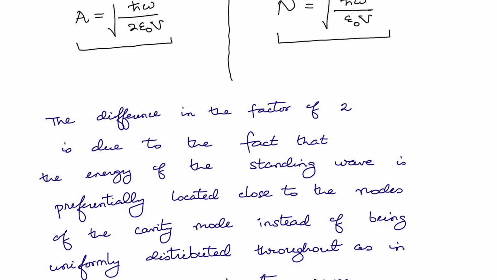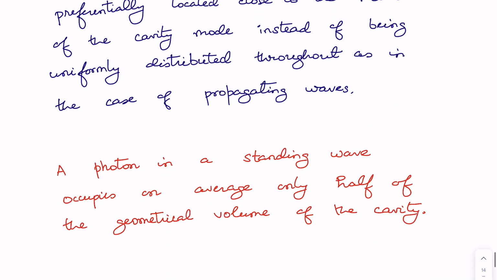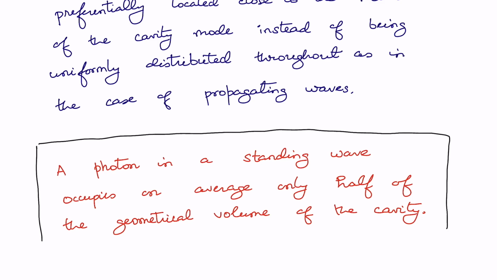And this is the reason this factor of 2 is coming here. And it also gives a meaning to the photon in the case of the standing wave. In the case of a standing wave, a photon occupies, on the average, only half the geometrical volume of the cavity. So I hope you get the idea.